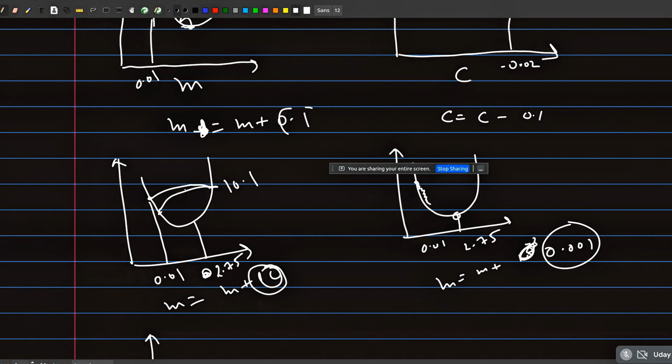So it keeps on fluctuating between and does not reach the optimum value.